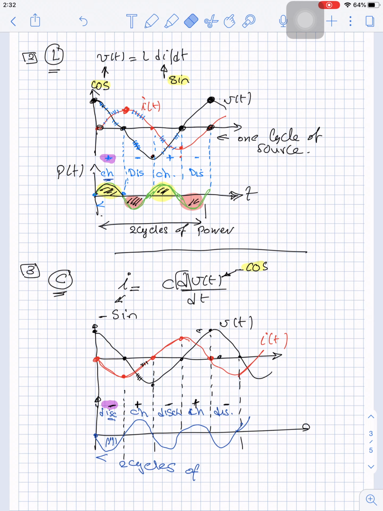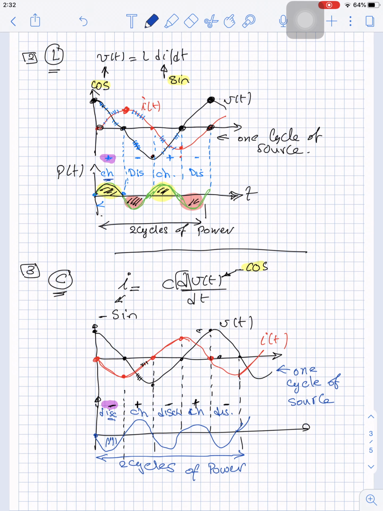Let's make it a little bit neat. So you have 2 cycles of power per one cycle of source. For one cycle of source voltage, you will do 2 charges and 2 discharges.